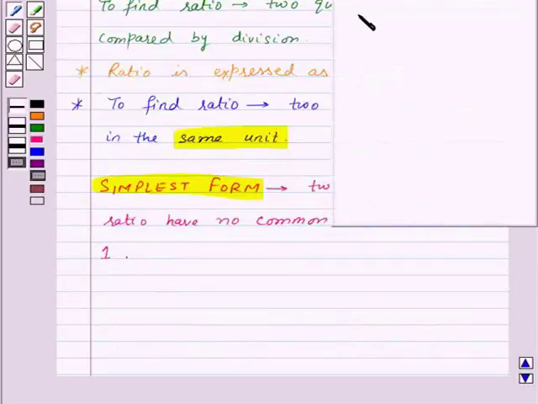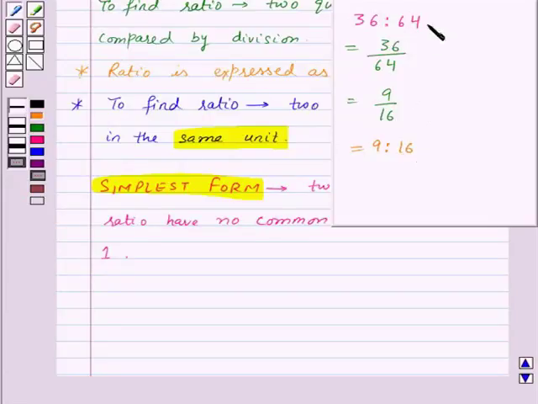For example, suppose we are given a ratio 36:64 and we need to find its simplest form. So 36:64 can be written as 36 upon 64, which is equal to 9 upon 16. So this is 9:16. So the simplest form of 36:64 is 9:16. And as we can see, both the terms, that is 9 and 16, have no common factor other than 1.